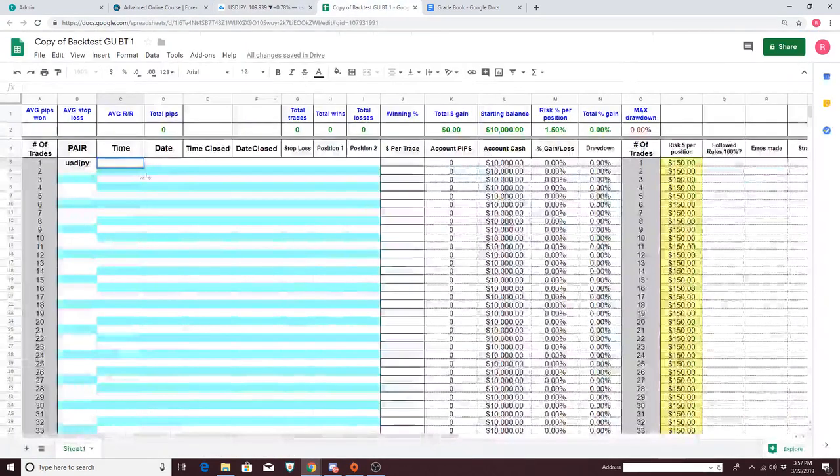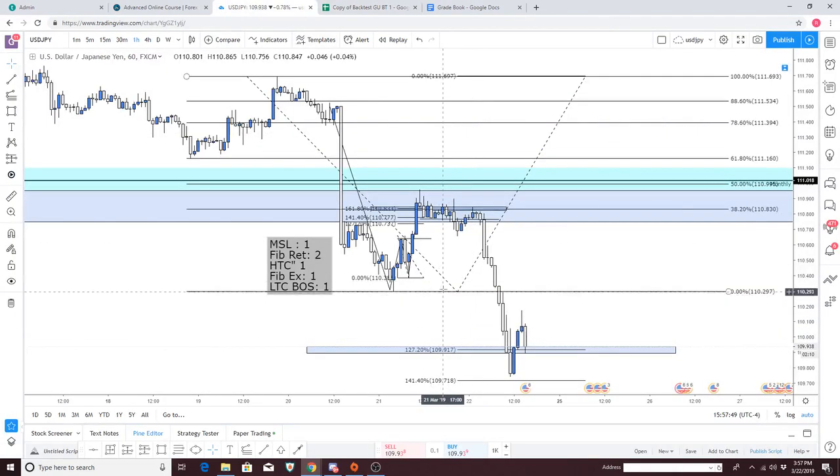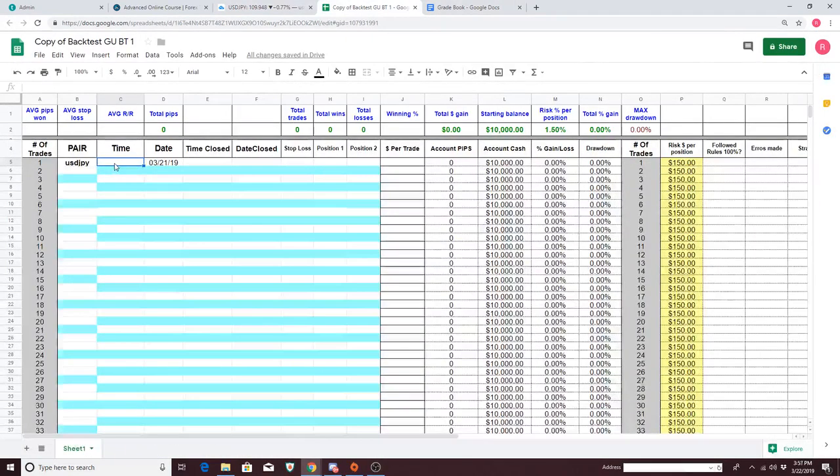So date, March is the 3rd month, so 03-21-19. Time was, I entered at like 4 p.m., or no, it was like 6 p.m. I'm going to go off muscle memory here, 6 p.m.